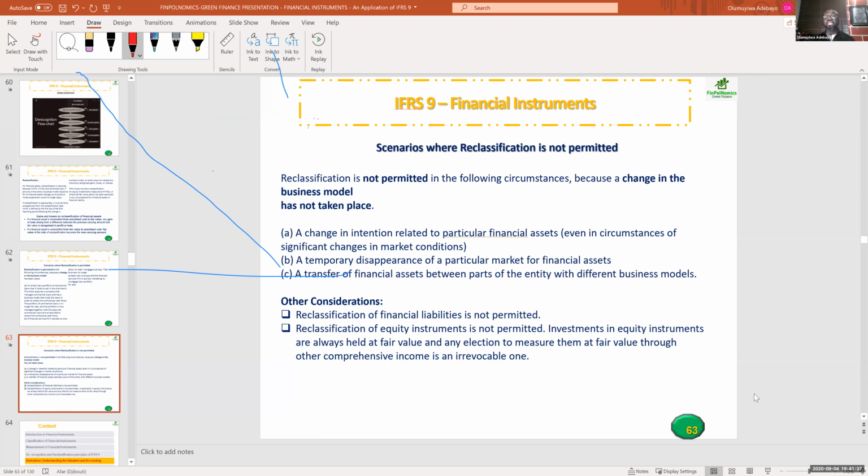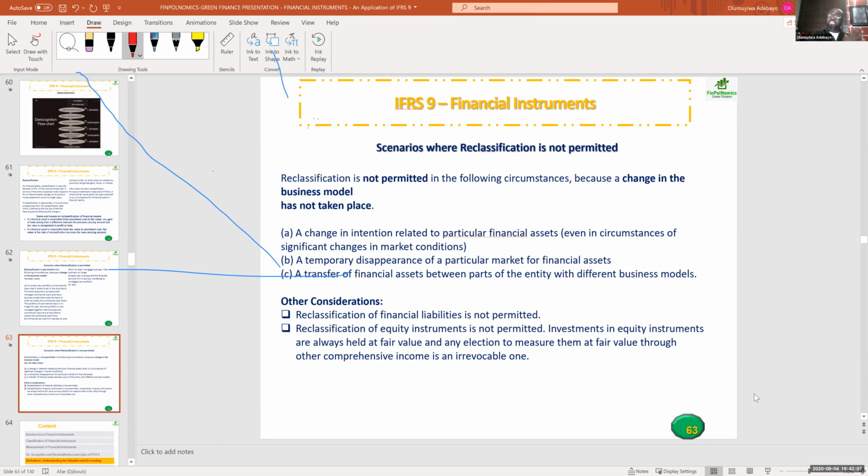And finally, a situation where you have transferred a financial asset between parties within an entity, such would not warrant a change in business model. Now, unlike the commercial loan that we looked at earlier, whereby entity A manages the portfolio differently from entity B, and as a result of a business combination, entity A acquires B, and they have to more or less collapse the portfolio together as one.